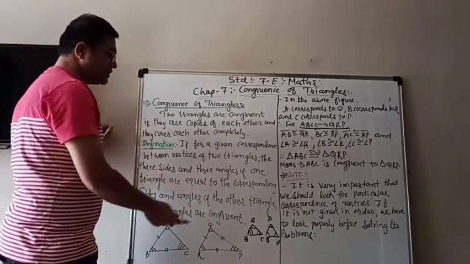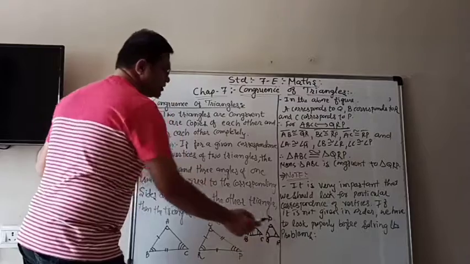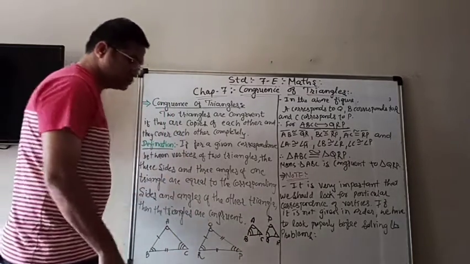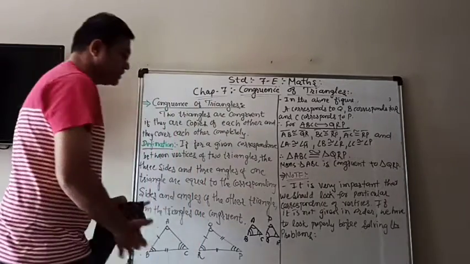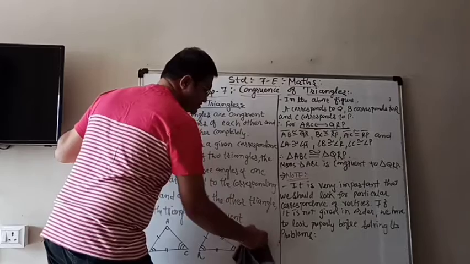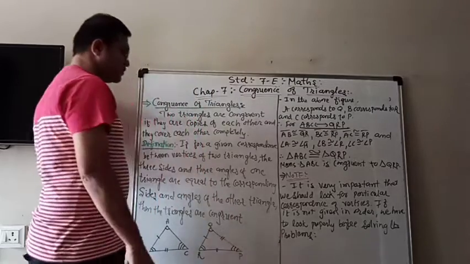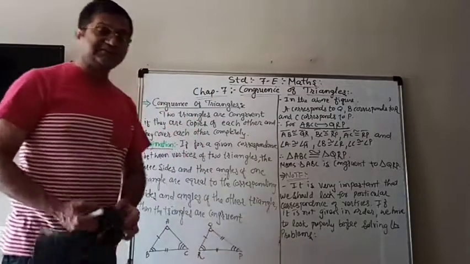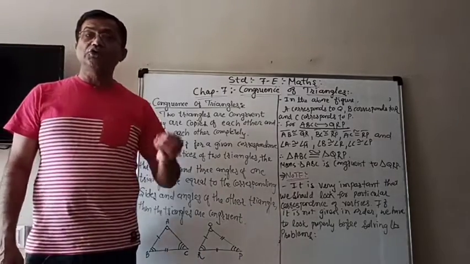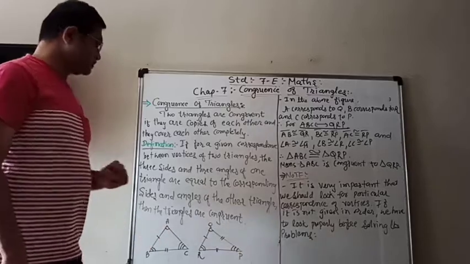So in this situation, we can't write down ABC corresponds to PQR. We have to either flip it, or even if you don't flip it, just check the correspondence. It means we check which sides are equal and which angles have the same measure, and according to that, we write down the correspondence.